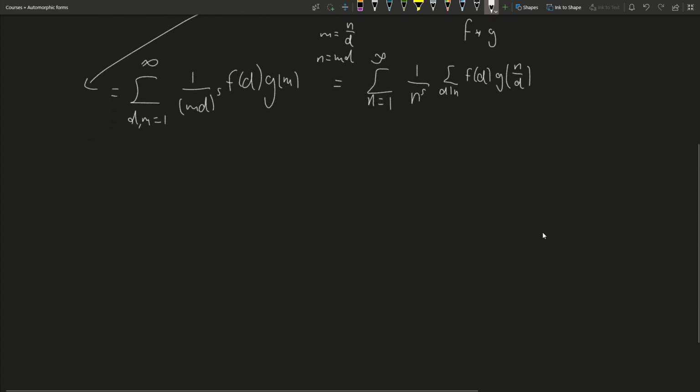So this can help you calculate things or manipulate Dirichlet series a little bit more quickly if you like this framework. For example, define the function 1 of n to just be 1 for all n.